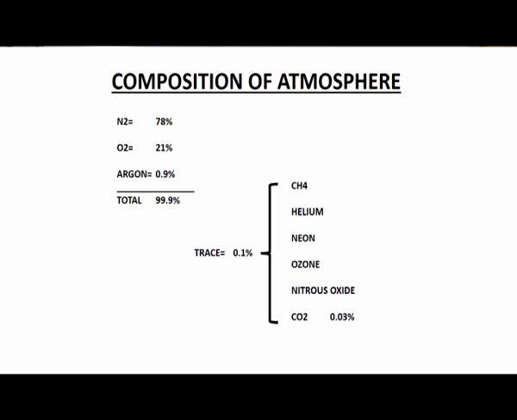If you combine them, it comes to about 99.9%. Now, some trace gaseous elements are also there, with a total concentration of approximately 0.1%. This 0.1% includes methane, helium, neon, ozone, nitrous oxide and carbon dioxide.